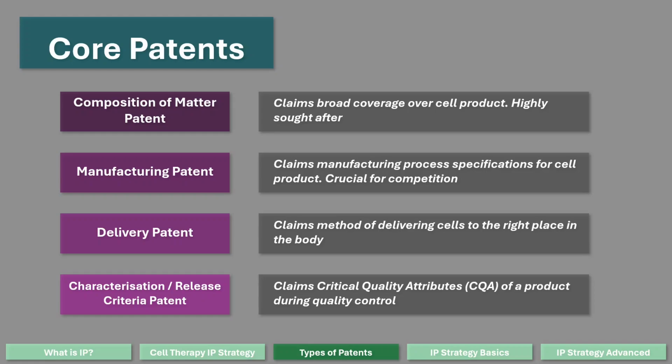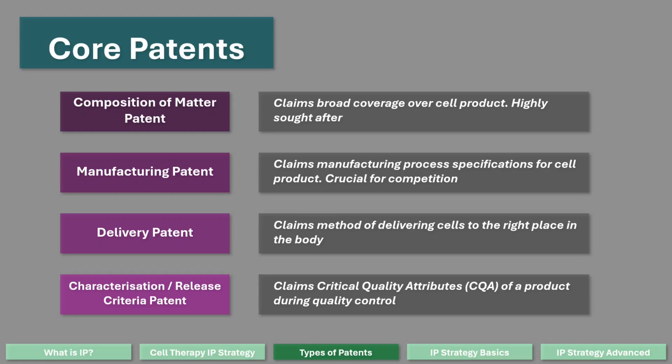A delivery patent refers to the method of delivering cells to the right place in the body and depends on the exact type of therapy. It could be critical to the product as cells often have issues migrating from the bloodstream to the site of injury or disease. Lastly, a characterization or release criteria patent includes the critical quality attributes or CQAs of a product.